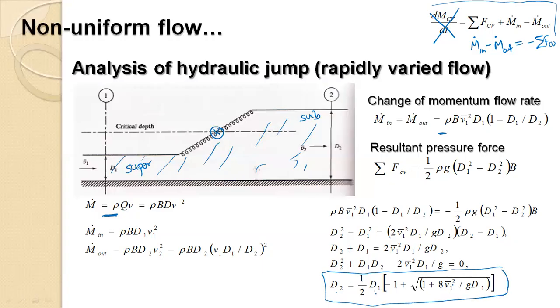What you are seeing here is D2 equals half D1 times minus 1 plus square root of 1 plus 8 times the Froude number at point 1 squared. V1 bar squared divided by g D1 is actually the Froude number at point 1. So this is the relationship between the conjugate water depths or the alternative water depths of a hydraulic jump.